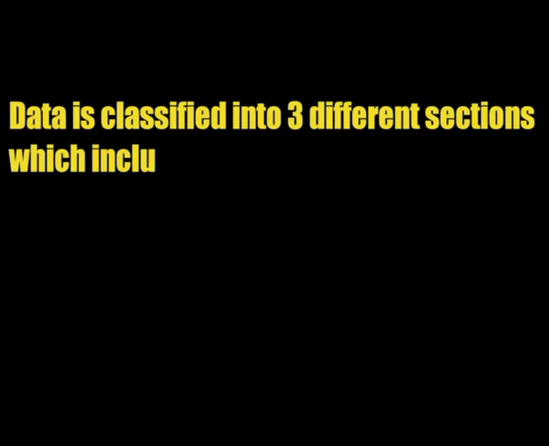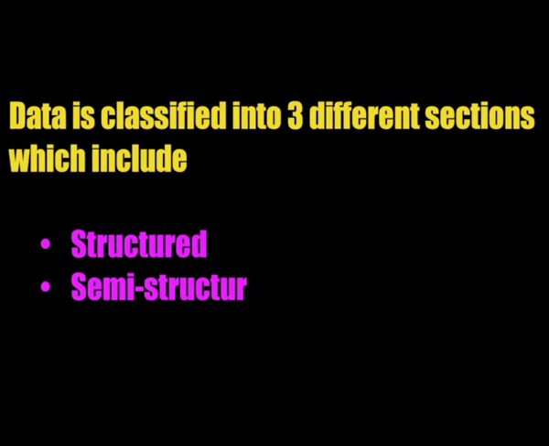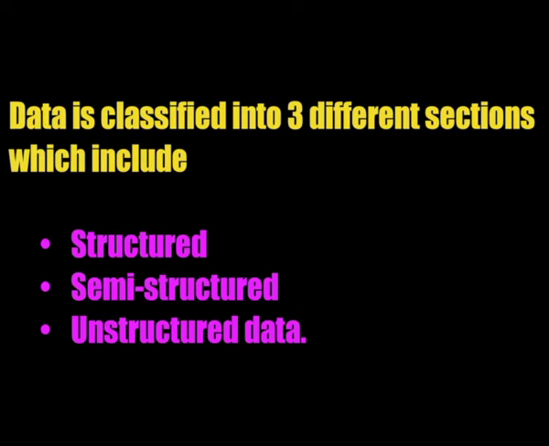A data warehouse is a powerhouse where the information is received from many data sources. Data is received into a data warehouse from other databases. Data is classified into three different sections which include the following three: structured, semi-structured and unstructured data.